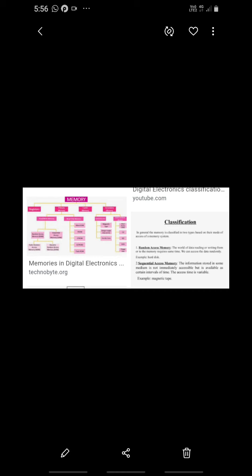Dynamic memory: semiconductor memory devices in which the stored data will not remain permanently stored even with power applied, unless that data are periodically rewritten into memory.